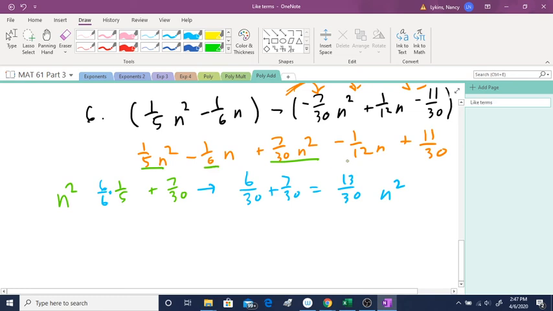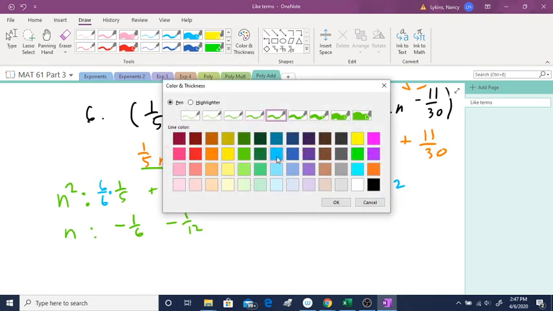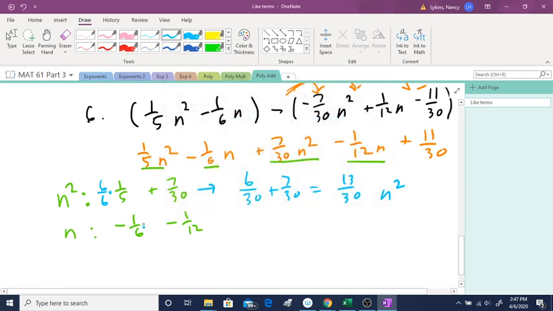Next, I'm looking at my n. So my n is going to be negative 1/6 and a negative 1/12. So I need to multiply my 6 by 2 to make this the equivalent fraction, negative 2/12 minus 1/12.